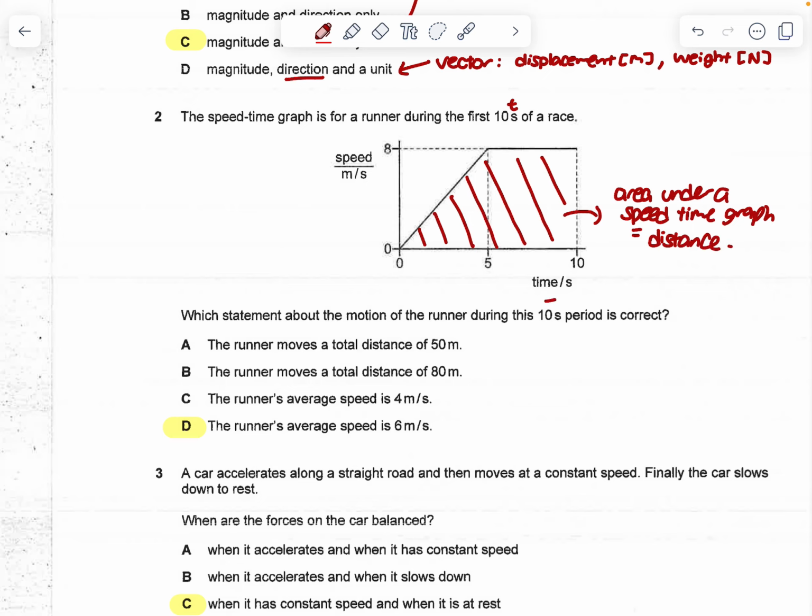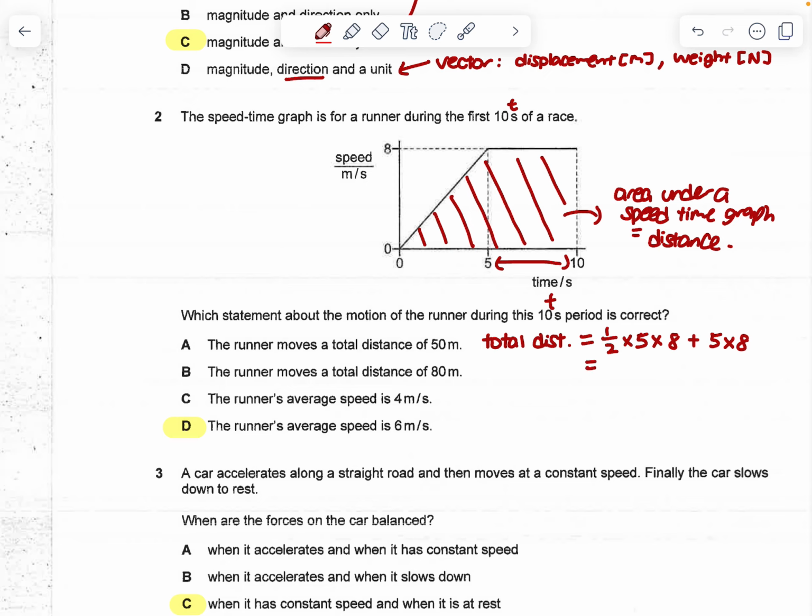Okay. So during this period t of 10 seconds, we can find the total distance equals to, first a triangle, half times 5 times 8 plus 5 times 8. Here is only 5 seconds.